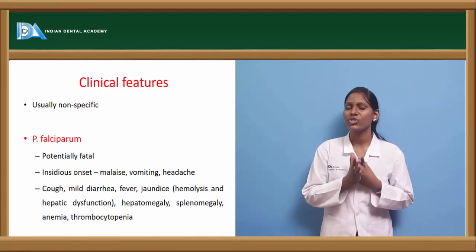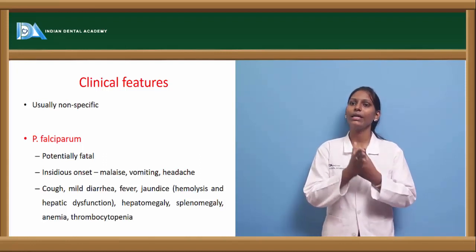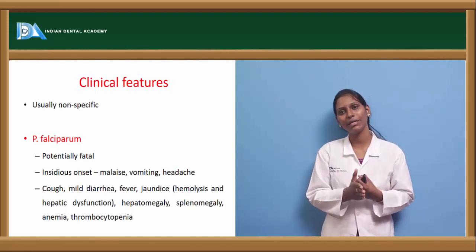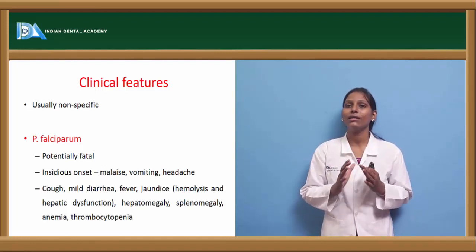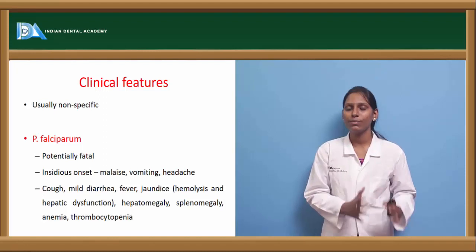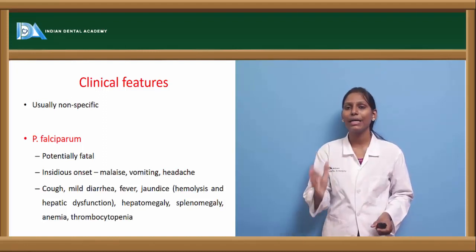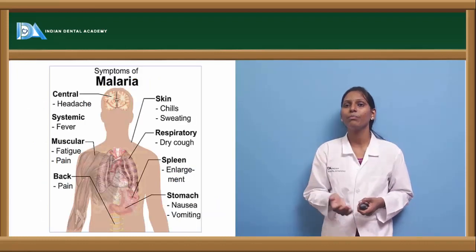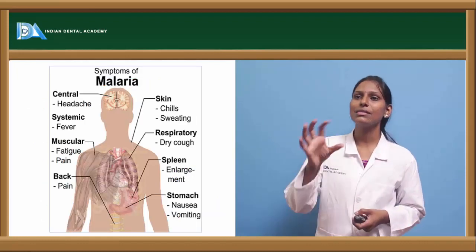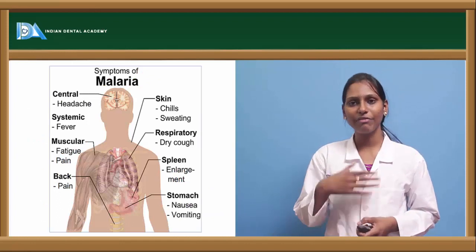There will be jaundice. Jaundice is because of hemolysis, and hemolytic anemia can also be seen in these cases. There will be hepatic dysfunction, tender, enlarged liver and spleen can be seen, that is hepatomegaly and splenomegaly. And thrombocytopenia is also associated with Plasmodium falciparum. These are some of the symptoms of malaria affecting various systems.